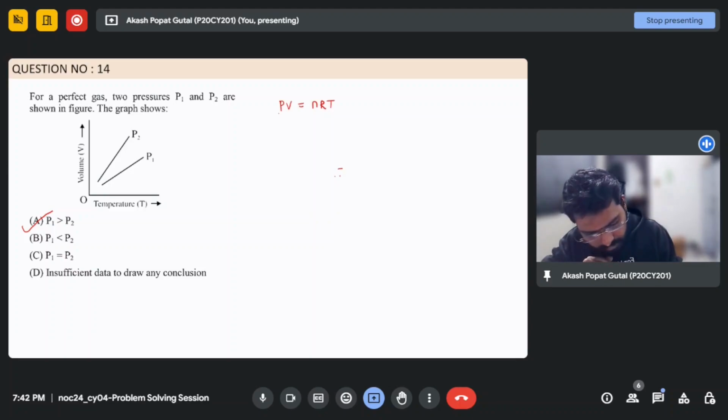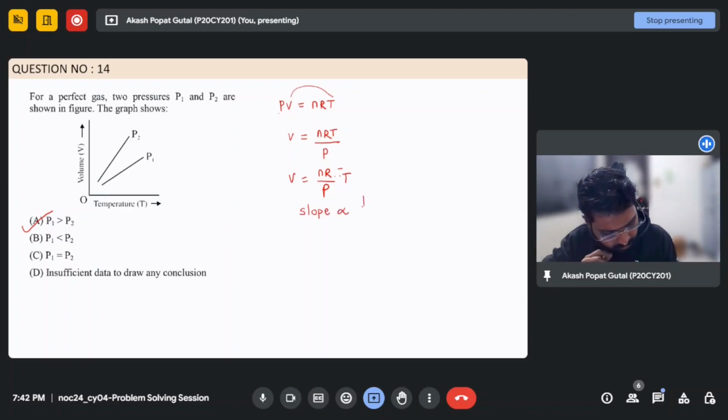And as we know the relation between the volume and temperature, V equals nRT by P, so V equals nR by P times T. So the slope of this line is proportional to 1 by P. Higher the slope means lower the pressure, because it is inversely proportional.